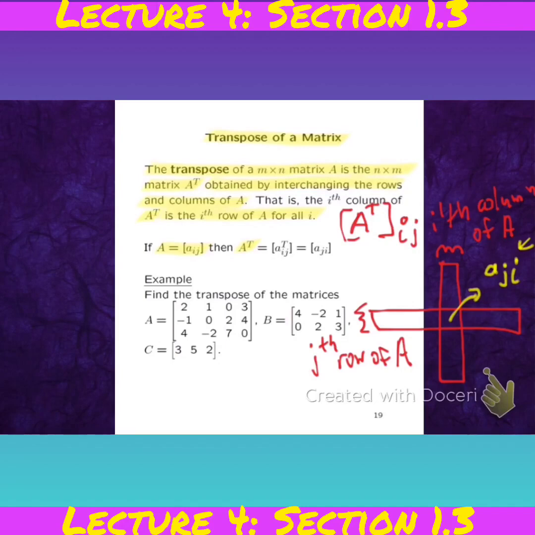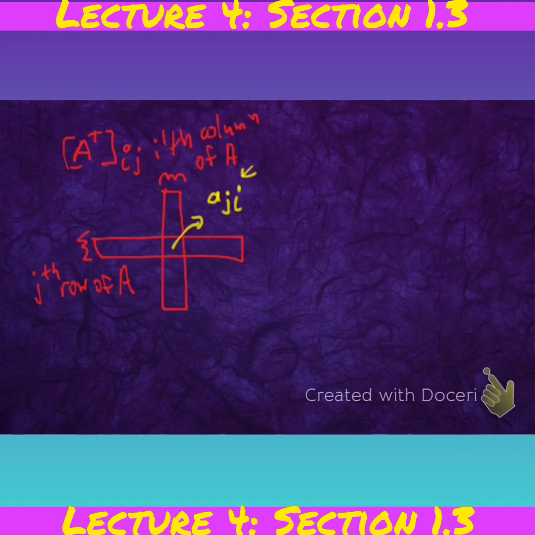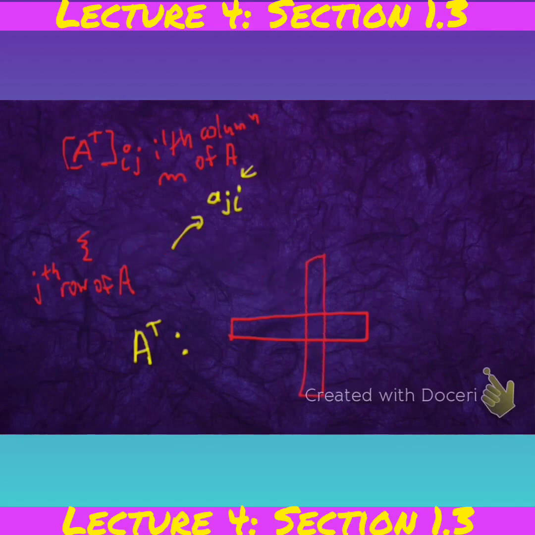Under the transpose, what happens to the ith column? The ith column becomes my ith row of A's transpose. So we're working with A's transpose now. And what happens to the jth row of A? The jth row of A becomes the jth column of A's transpose.